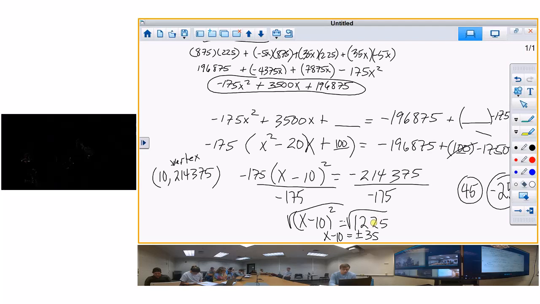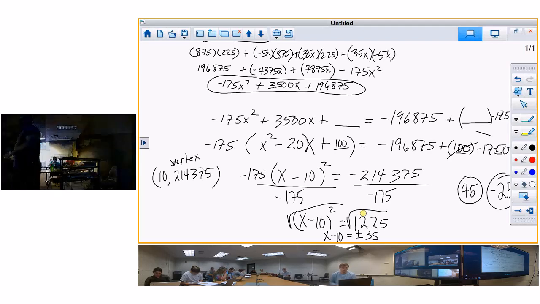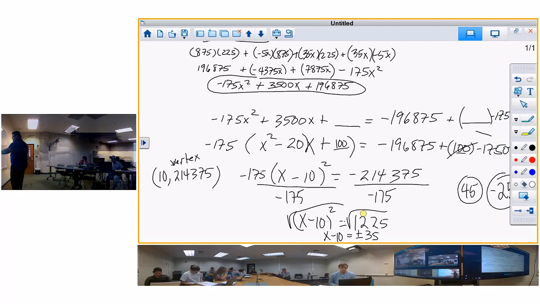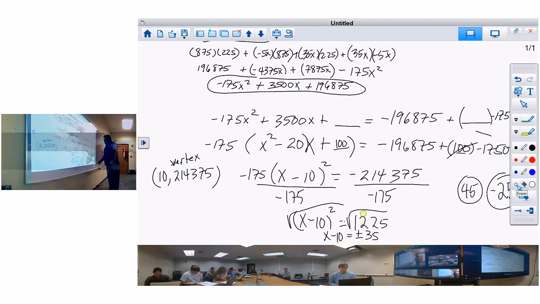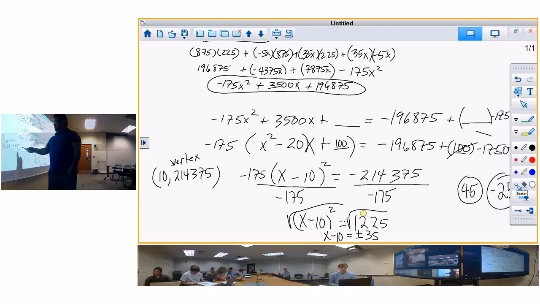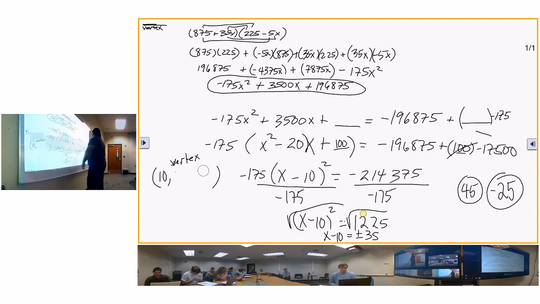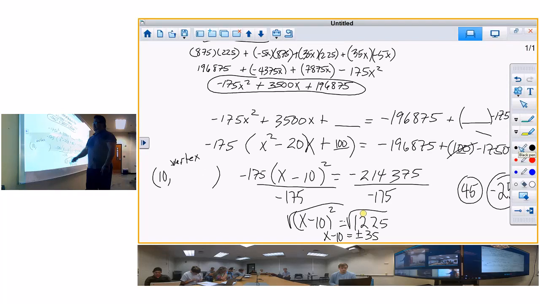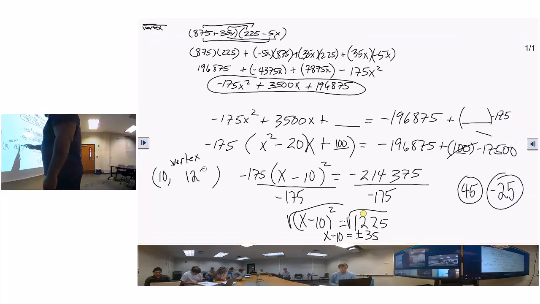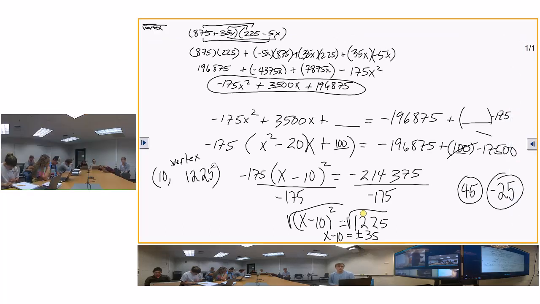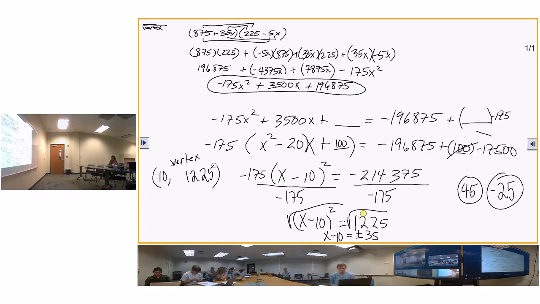My bad. I got ahead of myself. The vertex is not 214,375. The vertex is 1225. I took it right here. My bad. It's this right here, 1225. So that's what they're asking for.